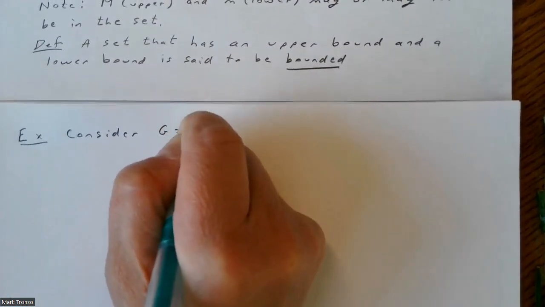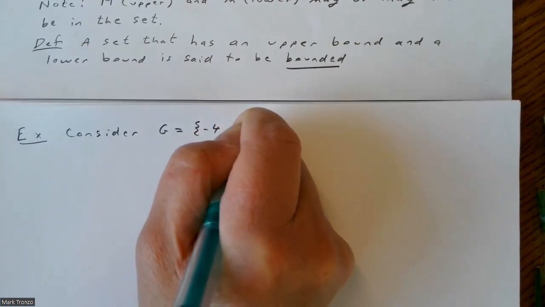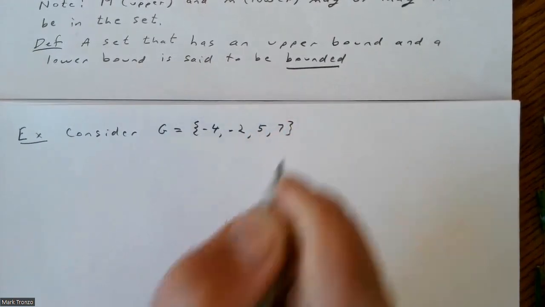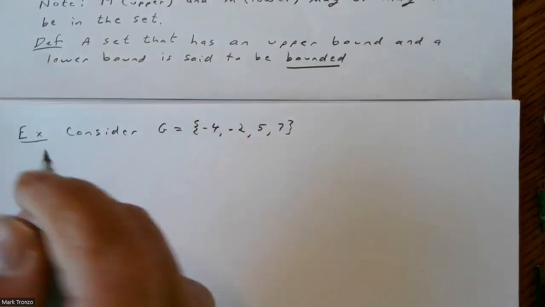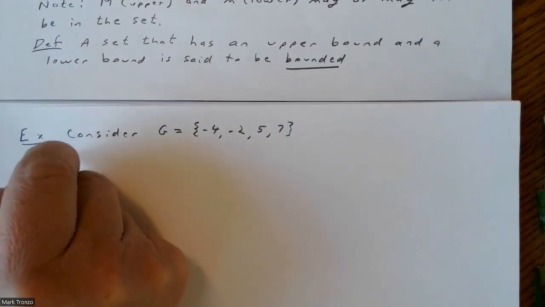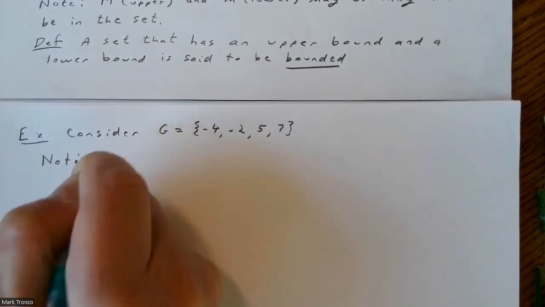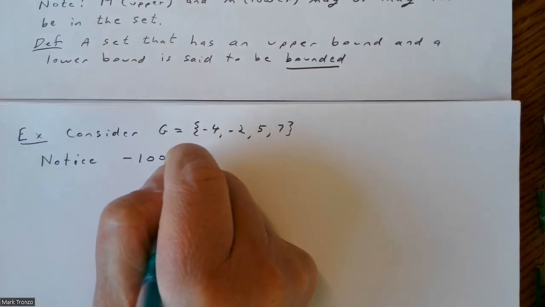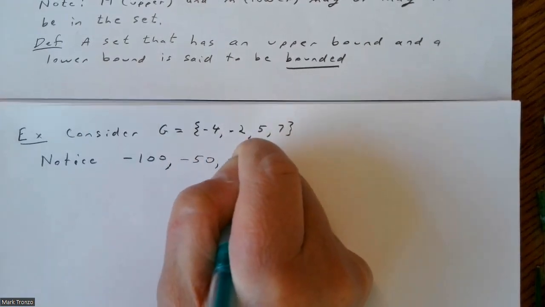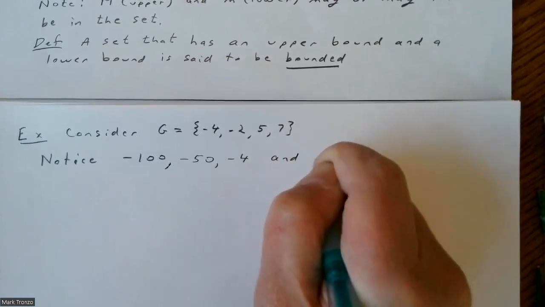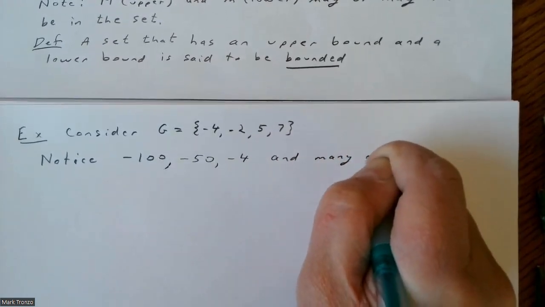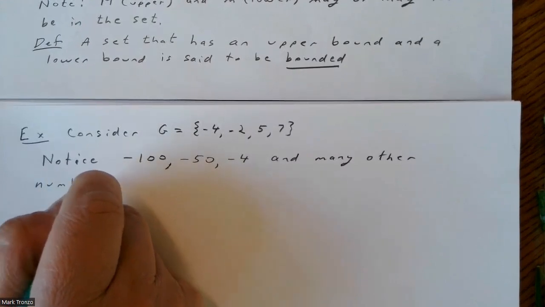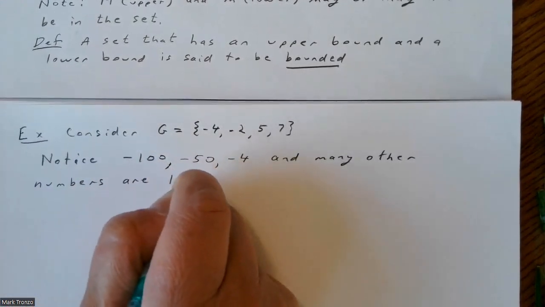Consider the set G. Notice, let's say minus 100, minus 50, minus 4, and many other numbers are lower bounds.